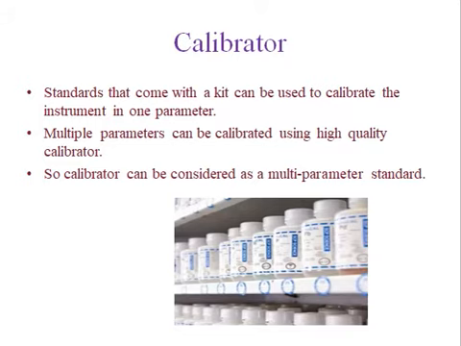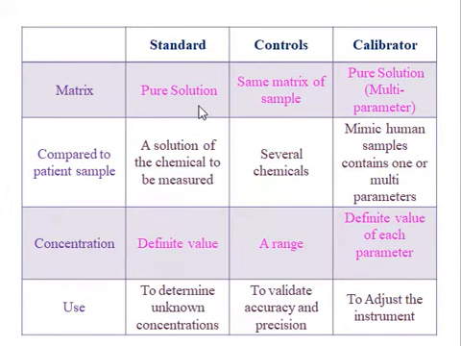Here, if we want to differentiate between standard, control, and calibrator, according to the matrix, a standard is a solution with a pure matrix. It's a pure solution, containing just the parameter to be measured, with the same composition as the substance to be tested in the patient sample.